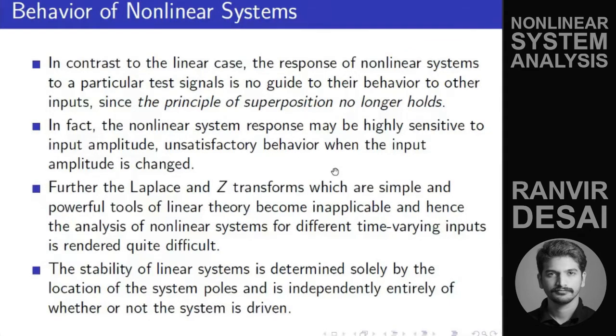And instead of giving, let's say, one step, you give the addition of two steps, depending on the shifted times, say you gave a pulse, and the output you get is in the form of a pulse. So that is exhibition of the superposition principle. But in the case of nonlinear systems, both of these principles don't hold, neither homogeneity nor superposition.